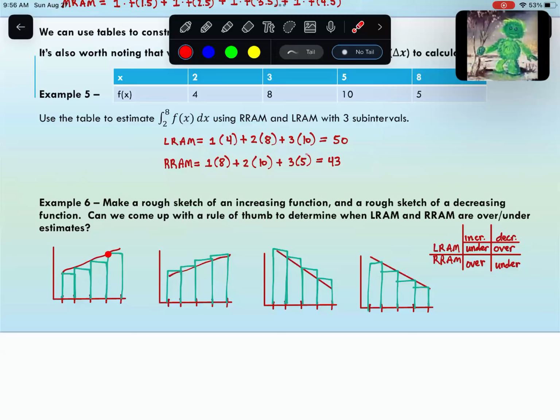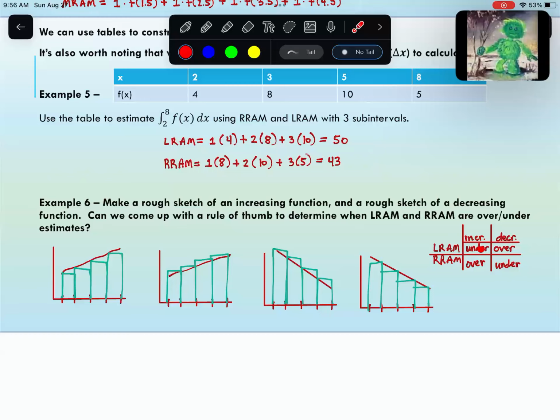So we see LRAM, function is always increasing. So if you just think about it, it makes sense. The height on the left side is going to be less than the height on the right side because your function's always getting higher, higher, higher. So it makes sense that my rectangles always come up short. They all live below the actual upper boundary of the curve, resulting in underestimates.